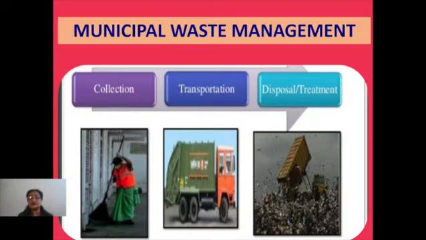Next is municipal waste management. Now what is municipal waste management? It includes different steps, right? Number one is collection of all waste from one place, then carrying all that waste to the other place where it has to be disposed of, right? So the first step is collection. Then it is transportation, which is carried out by several trucks and all, and then the disposing or treatment of the waste at the other place.